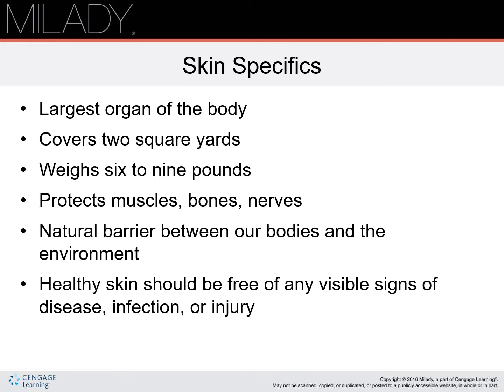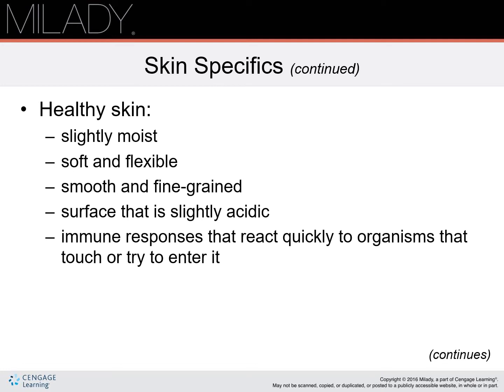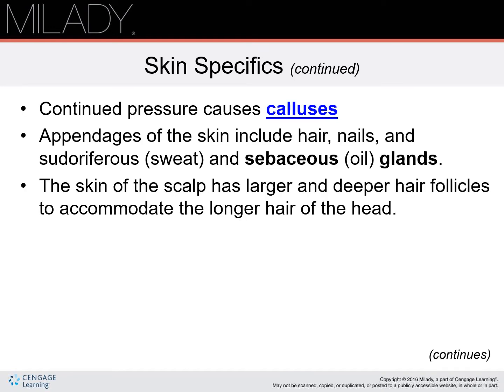Healthy skin. So what is healthy skin? It is slightly moist, it's soft and flexible, it is smooth and fine-grained. The surface of that skin is going to be slightly acidic, and it has immune responses that react quickly to organisms that touch it and try to enter it.